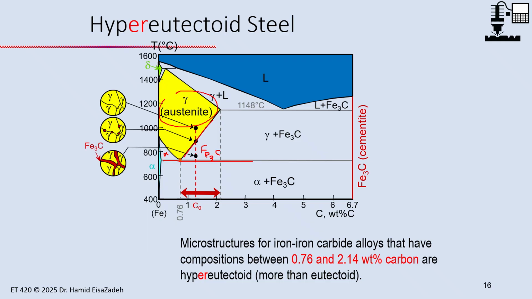The red region is cementite. Then, as the cooling progresses, the remaining gamma transforms to pearlite, with this pearlite arrangement.